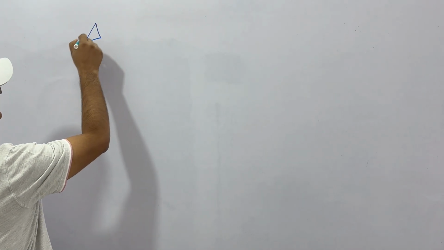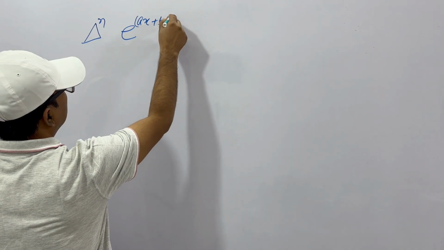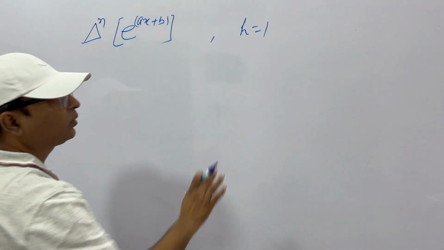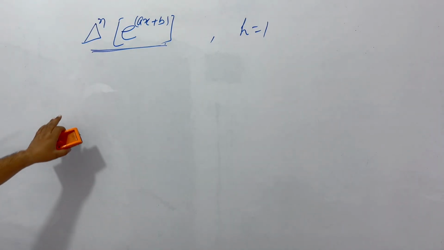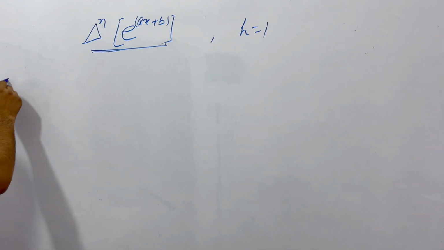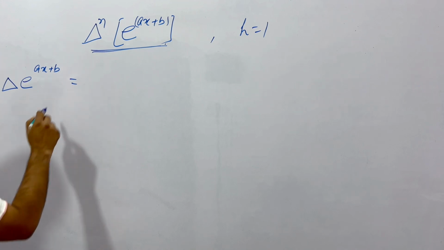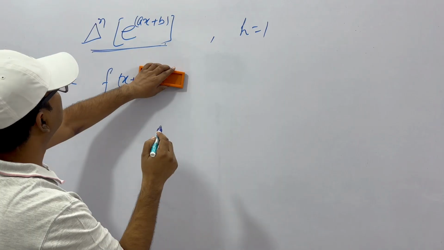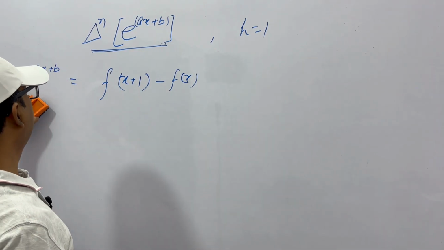Let's say we have to find this del n, and the function is e to the power ax plus b. We have to find this given h is equal to 1 and a and b are constants. How can we find this? We'll get the answer by mathematical induction. See, first del of e to the power ax plus b. What is it? You have seen it is actually f(x plus h), h is 1, so we can say f(x plus 1) minus f(x). This is the meaning of del.